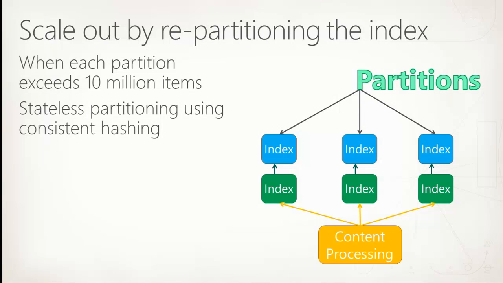When you use consistent hashing, you avoid the need for reshuffling all the content across the partitions. Only the content that actually has to be put on the new partition is moved. So that means the repartitioning is going much faster than before.